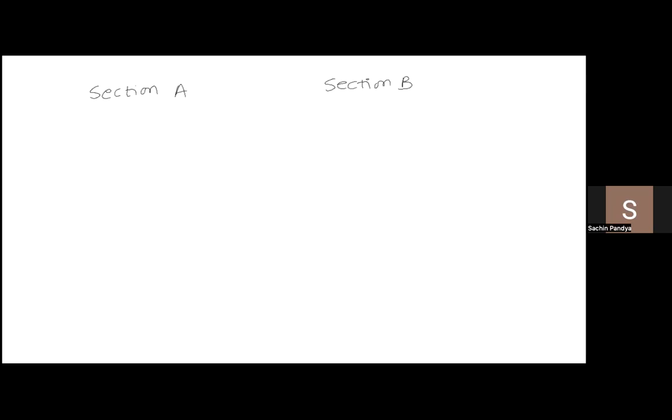In section A, we have to do 3 sums out of 5. And in section B, we have to do 2 sums out of 3. So over here, generally, they will ask you machine drawing in section A. Then they will have scales over here.